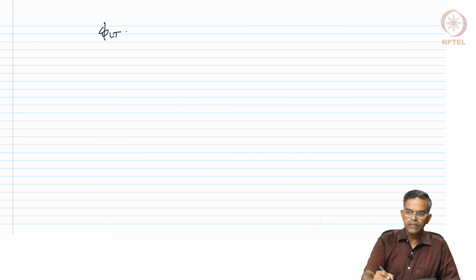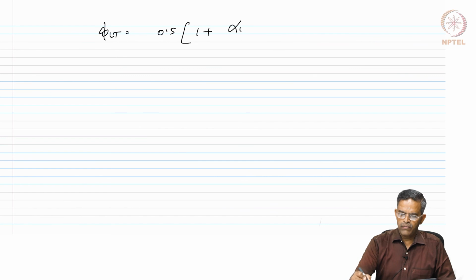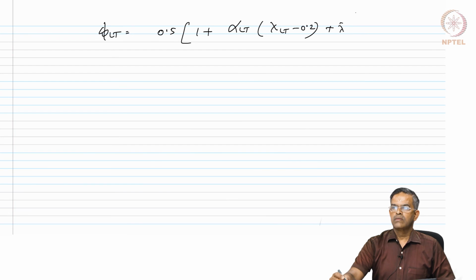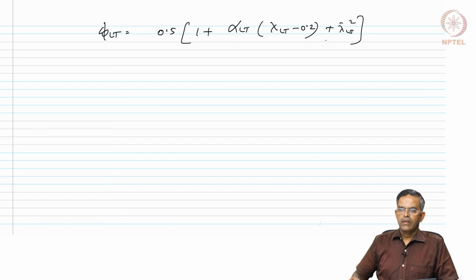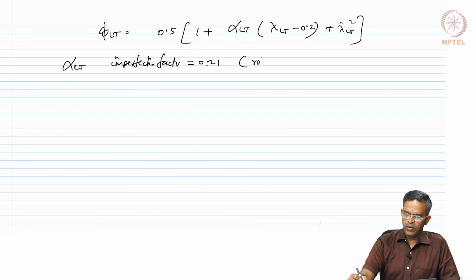Phi LT is 0.5 times of 1 plus alpha LT into lambda bar LT minus 0.2 plus lambda bar LT square. Alpha LT is the imperfection factor, which is 0.21 for rolled sections given in the code.